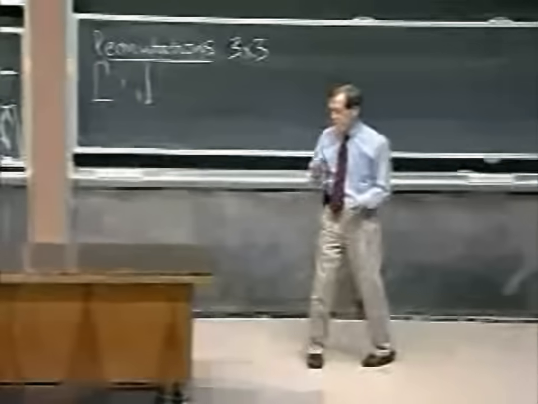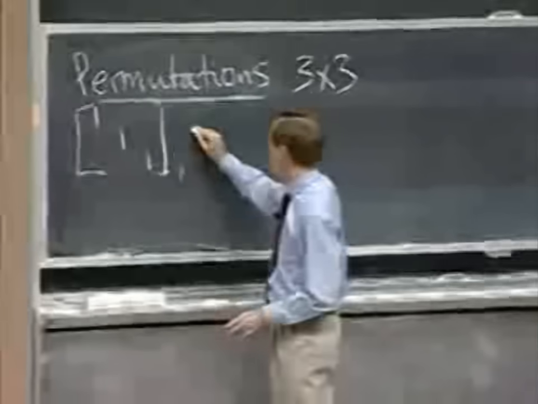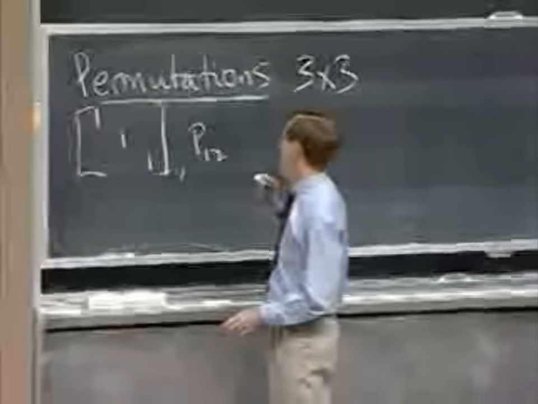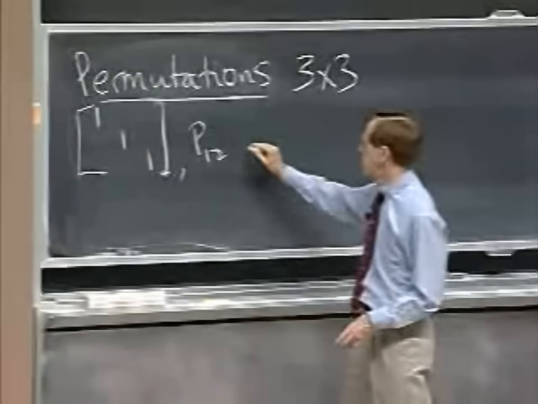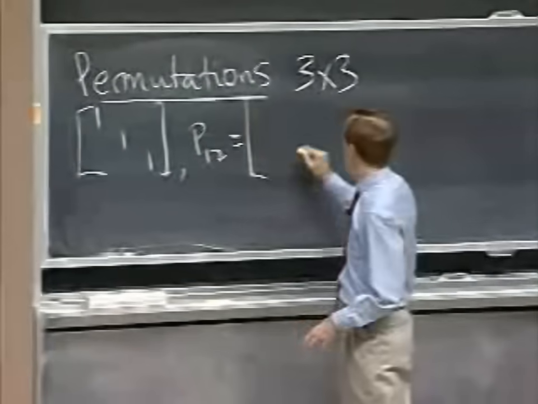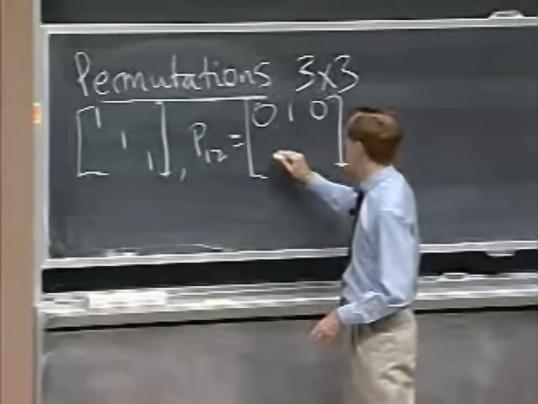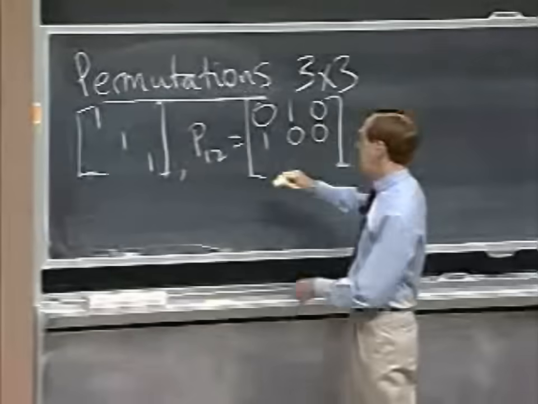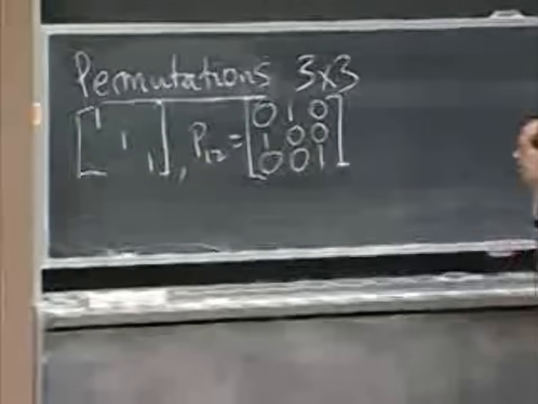Now, what's the permutation matrix that exchanges rows 1 and 2? What is P1,2? It would be 0, 1, 0, 1, 0, 0, right? I just exchanged those rows of the identity, and I've got it.